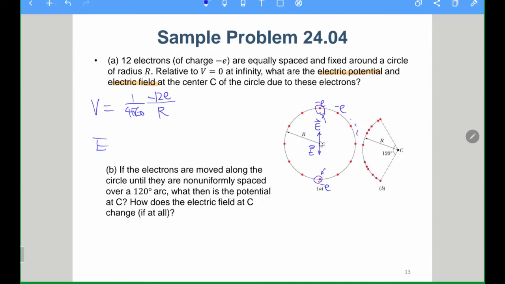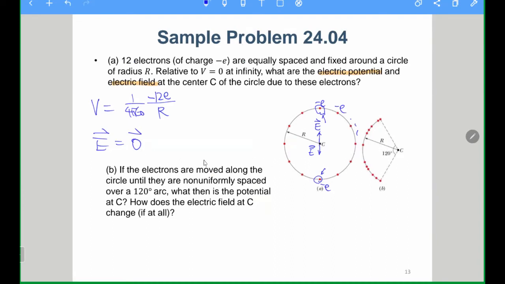The magnitude will be the same but in opposite direction, so they will cancel each other. So all the 12 electrons can be separated into 6 pairs, each of them generating 0 E field. So the E field generated by these 12 electrons at point C will be 0.